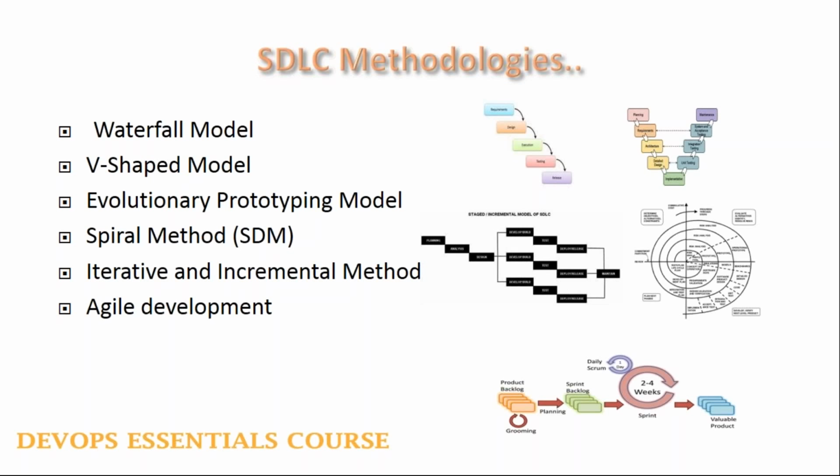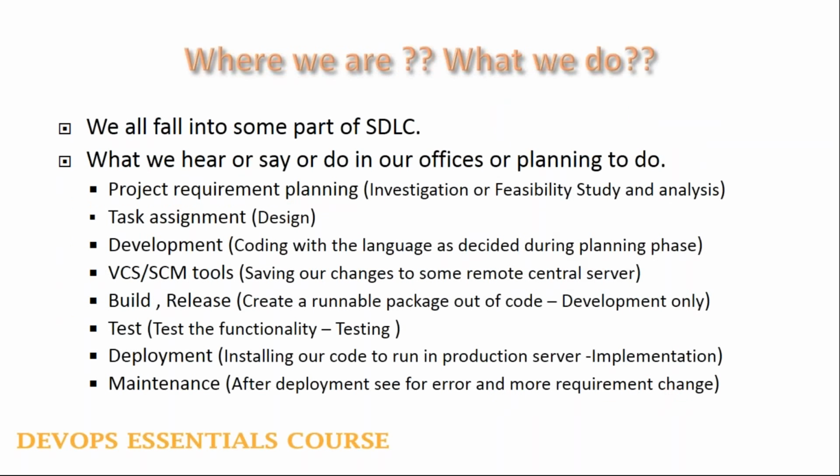So anyway, if we are working in an industry, or if we are going to work, what are we doing? If we are going for project requirement planning, you are in the business team. Then you are in the investigation or feasibility study phase. That's a part of SDLC.